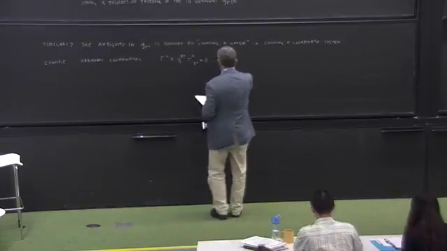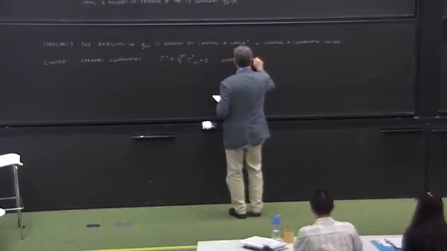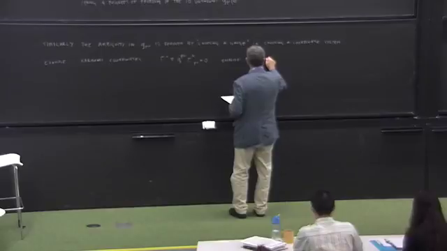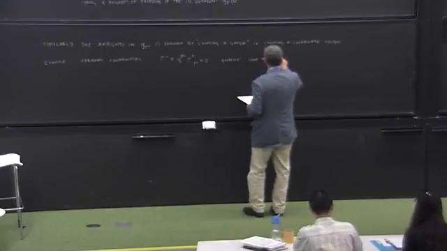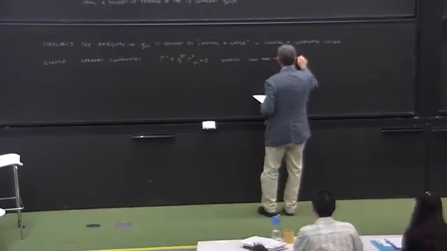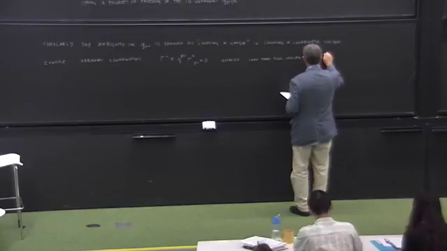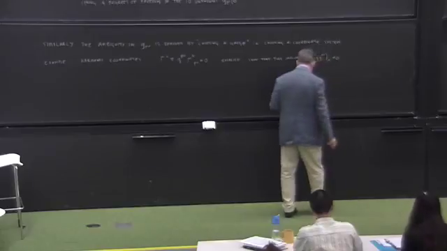And here's an exercise: show that the square root of minus g times g upstairs mu nu, comma nu, is equal to 0.